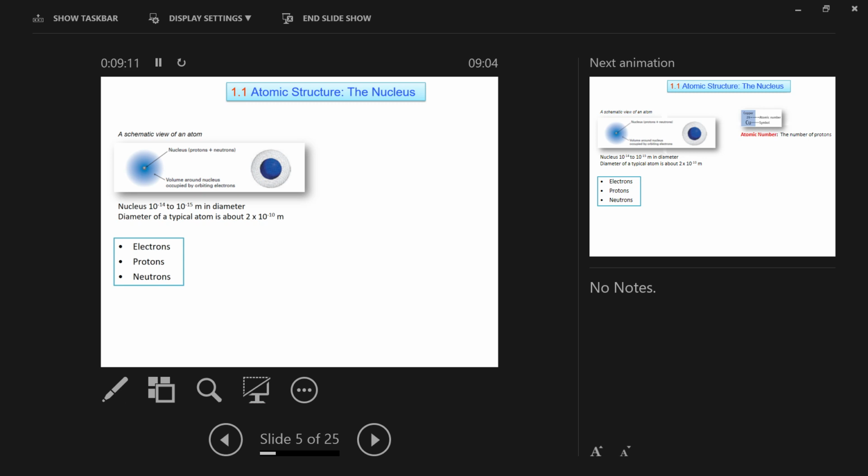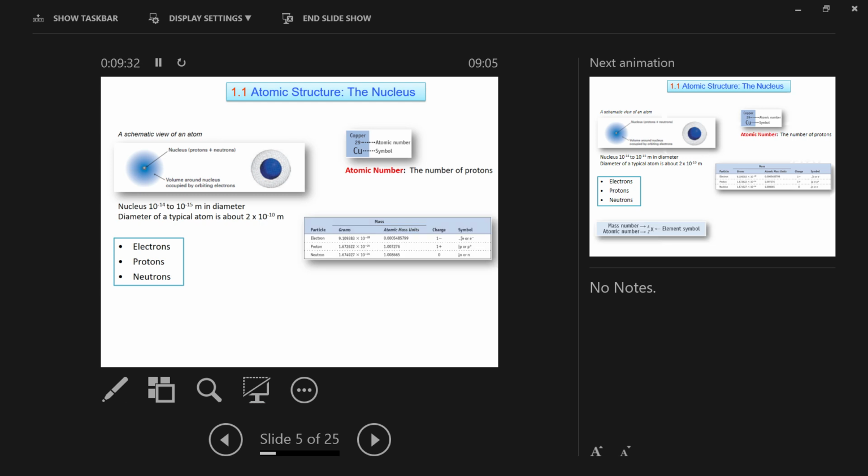As I said, we have three different types of particles in the atoms. We have electrons. Electrons basically are negative, charge -1, and mass more or less equal to 0.